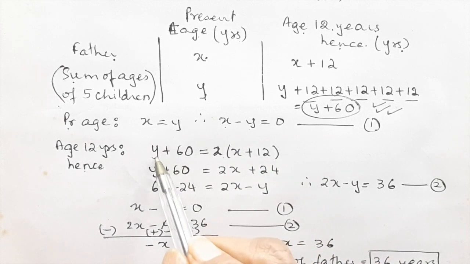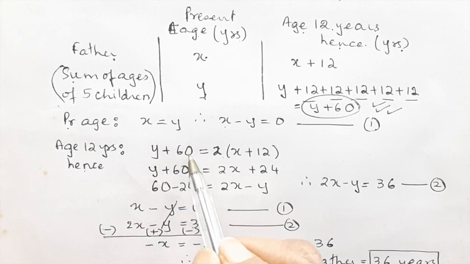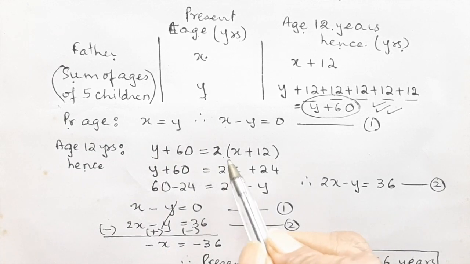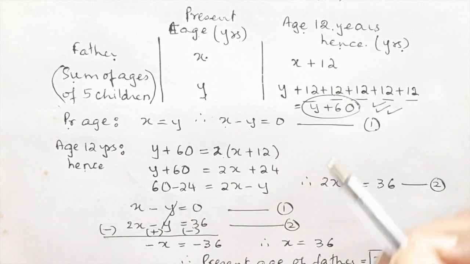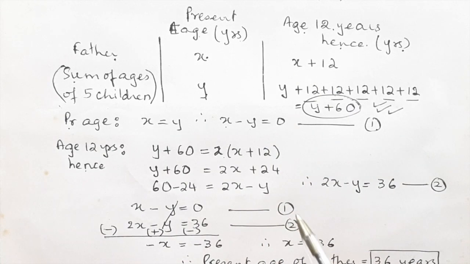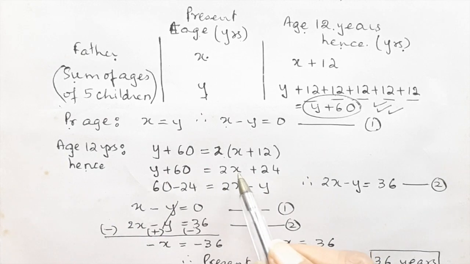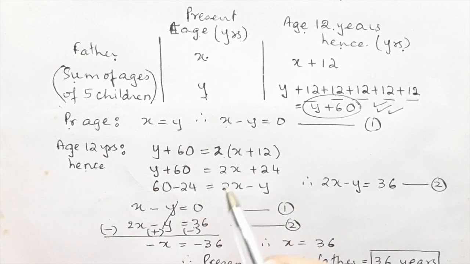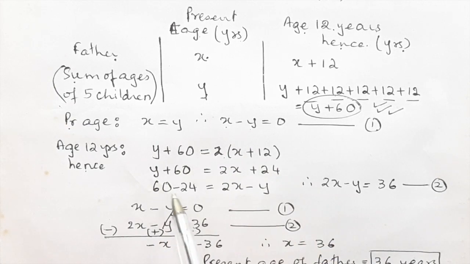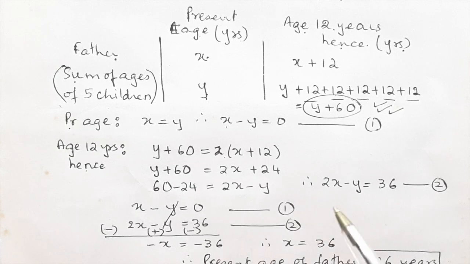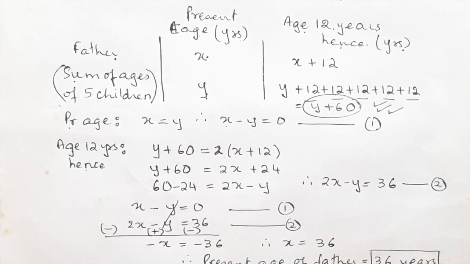So 12 years hence, the children's ages, the total will be y plus 60, which is equal to twice, means 2 multiplied by age of the father, which is x plus 12. Open the bracket. Y plus 60 is equal to 2x plus 24. So 2x minus y will be equal to 24 going that side, 60 minus 24. That will give us 2x minus y equal to 36. That's our equation 2.